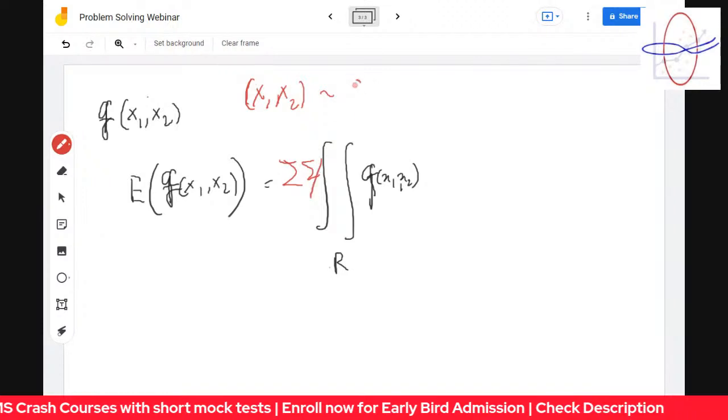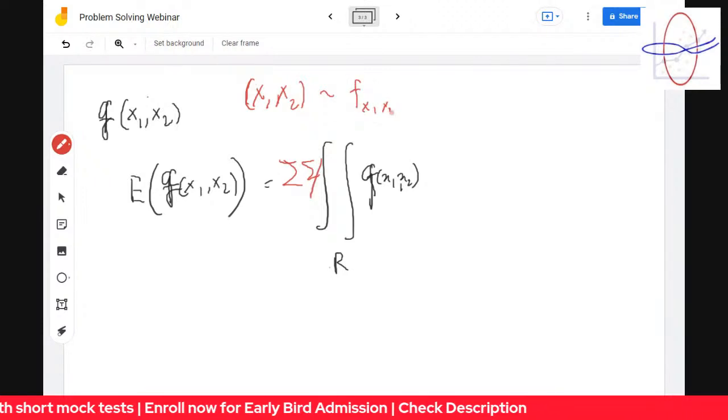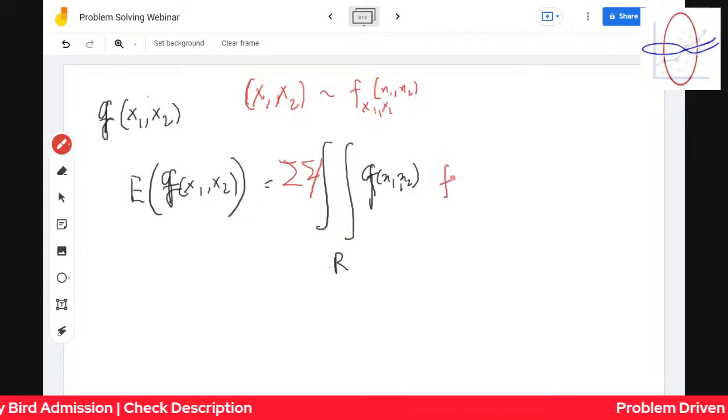Just like the one-dimensional random variable.